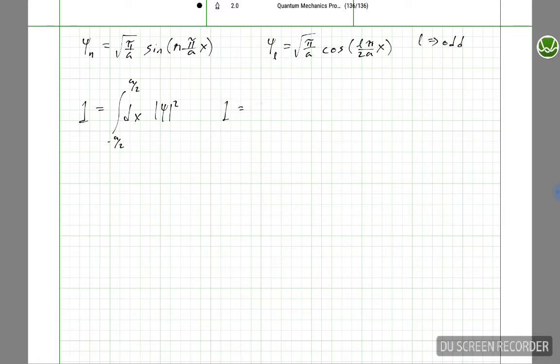So I have 1 equals the integral from negative a half to positive a half dx, and I should really include the absolute value of b squared cosine squared kx. I'm just going to keep it as k so I don't have to write all the other stuff.